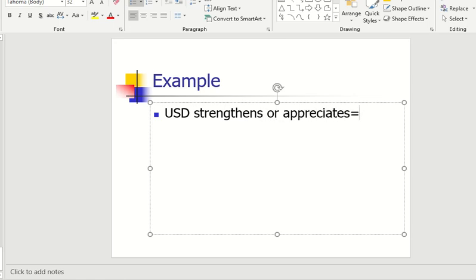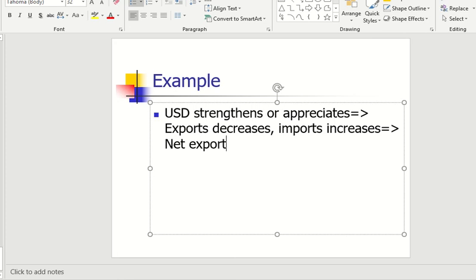What we are going to see is a decrease in exports. At the same time, imports increase. Americans are going to buy more from other countries, and then we are going to see lower net exports.